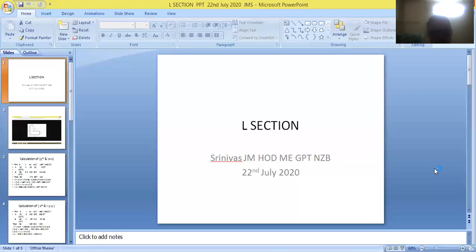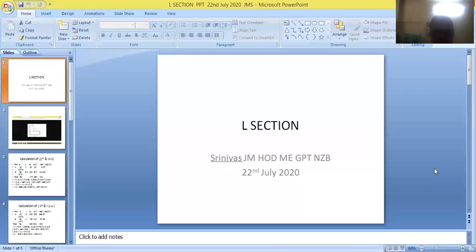So, depending upon the shape of the area of cross section of these items, they are classified into different categories: T section, I section, C section, and finally this is L section.